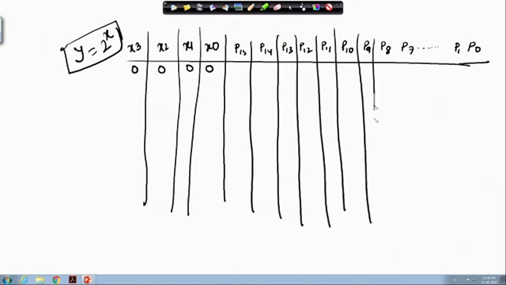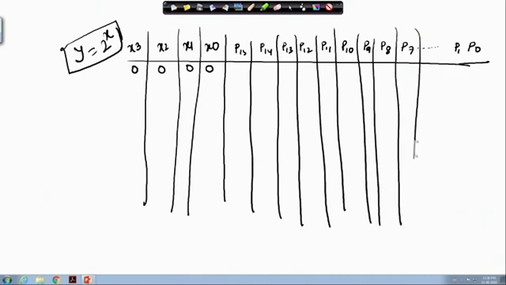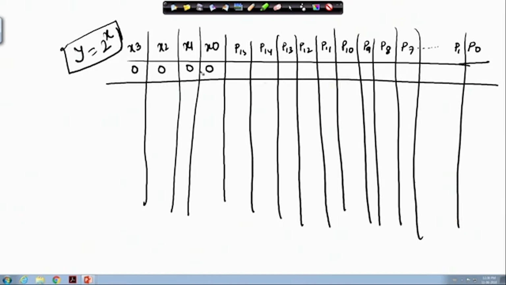If I draw it like this, then for all zeros of x, 2 to the power 0 equals 1. So only P0 will be 1 and the rest of the bits will be 0.